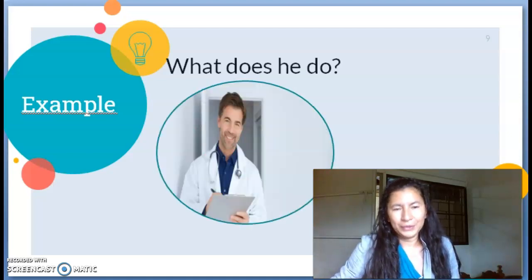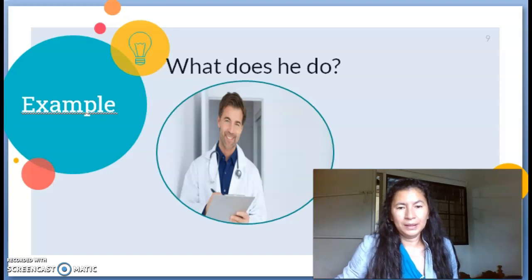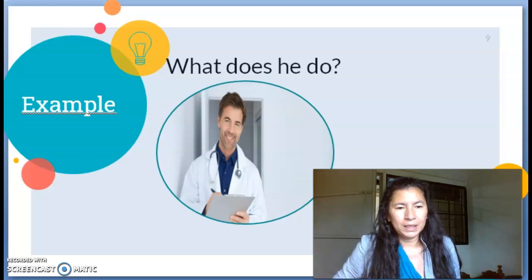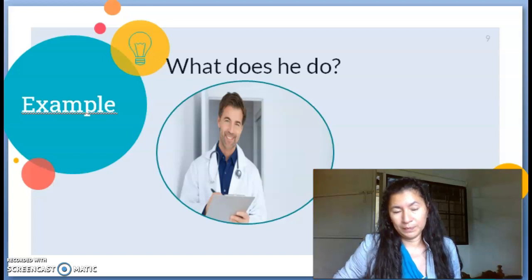The teacher continues asking and shows another picture to know if the students are learning vocabulary related to the topic.